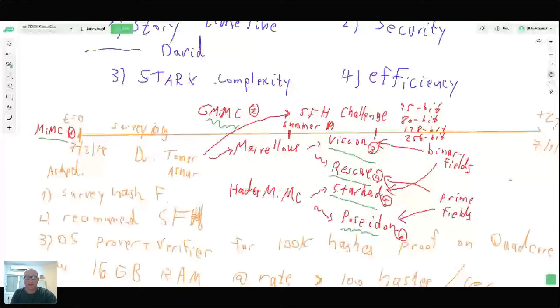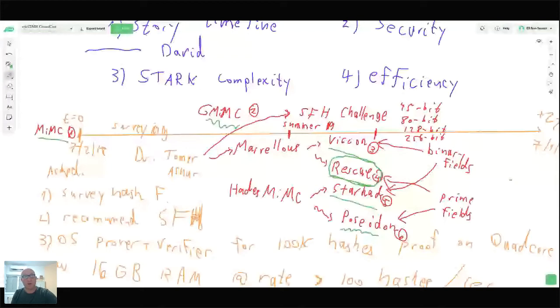That led us at the end of the process to suggest using a very specific version of Rescue over a rather small field as the STARK-friendly hash, for which the code that we'll be releasing next week or very soon is about.